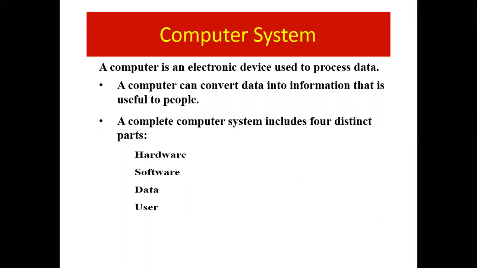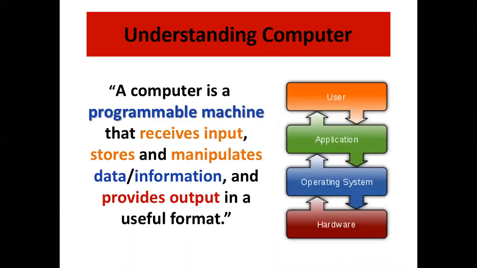A computer is an electronic device used to process data. A computer can convert data into information that is useful to people. A complete computer system includes four distinct parts: hardware, software, data, in the form of input, and users, those who are using that computer system. Either it is a computer system or an information system, the basic functions are the same.